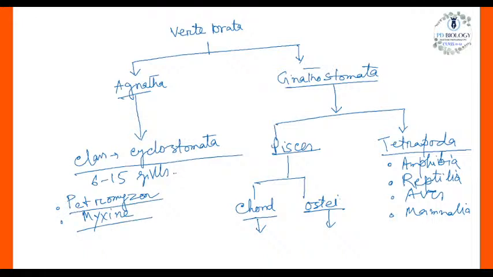Remember this under Cyclostomata. These facts will help to answer a lot of types of questions, either true or false type. They are marine but migrate for spawning to fresh water.